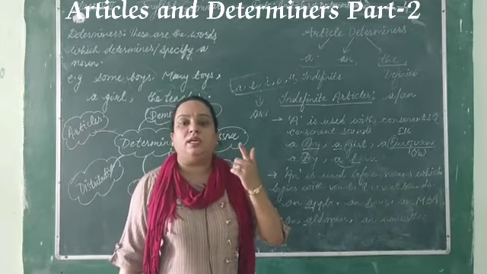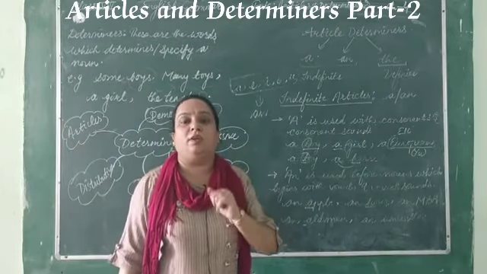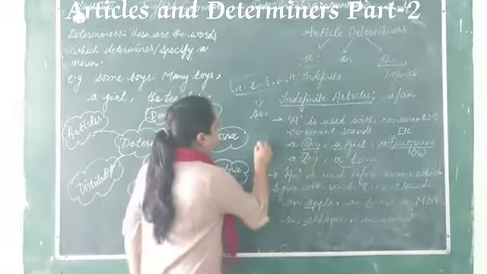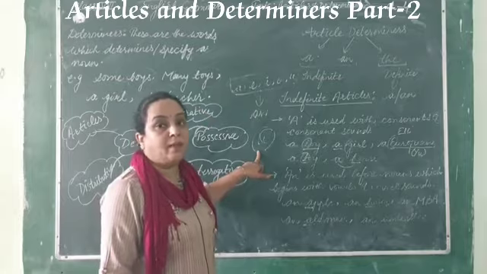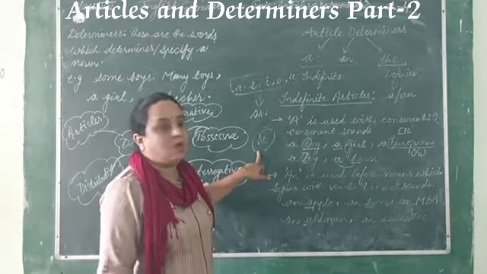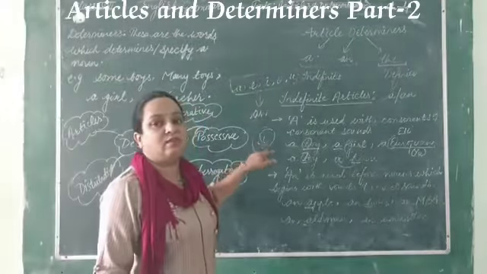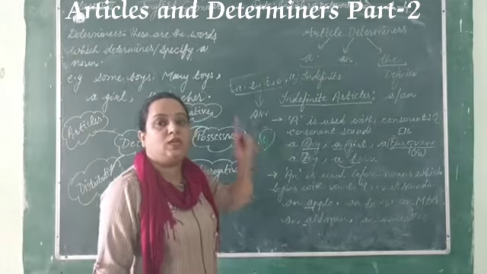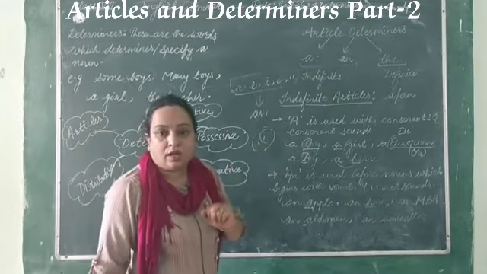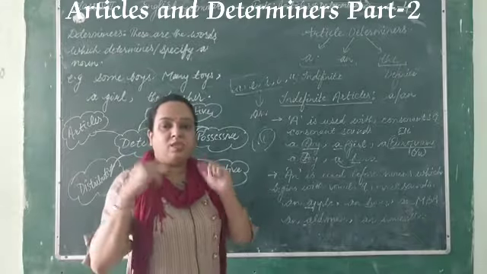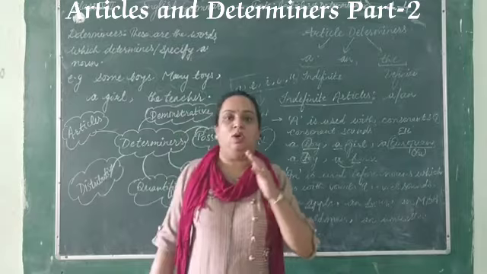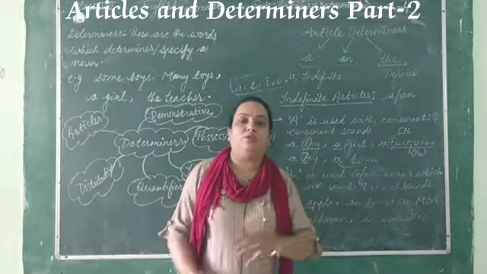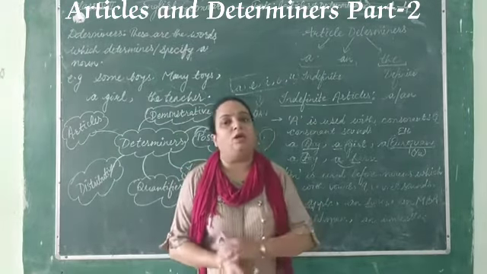So you will say it is a useful animal, because the U in umbrella is giving the sound of umbrella, but this same U is giving the sound of U in useful. Clear? So we have to always keep in mind which concept to switch over to and apply, a or an.